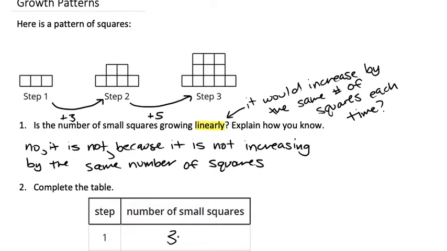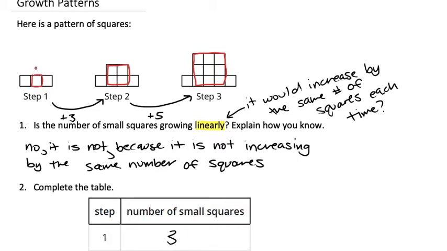Now what I want you to see here is that the way these diagrams are made is that there's a square in the middle, and that square has a side length that is the same as the step number.